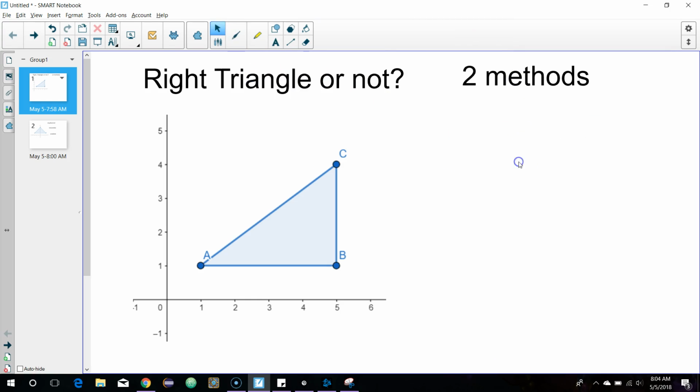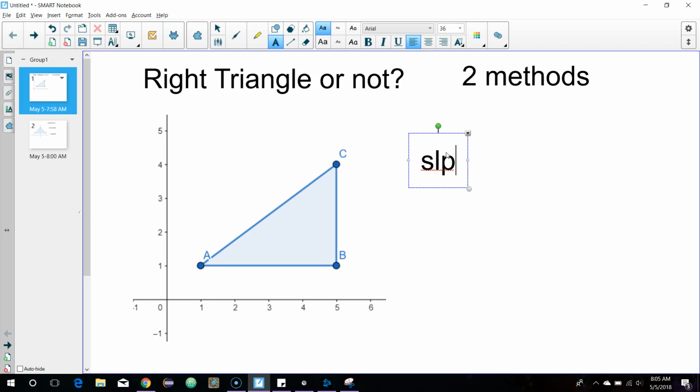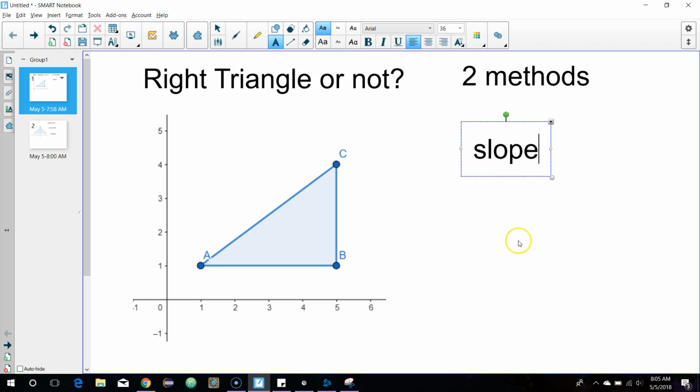So let's do the first one. The first method has everything to do with something you learned last year called slope. So basically, the first method is you're trying to find out the slope of 2 lines. Let's say the slope of AB and the slope of CB or BC. You want them to have the negative reciprocal.